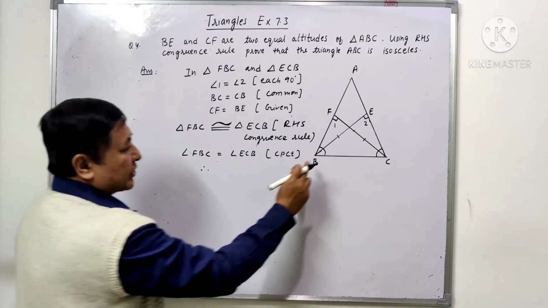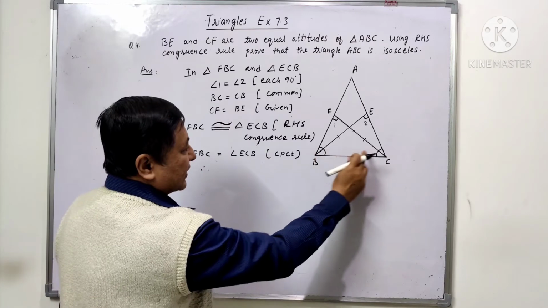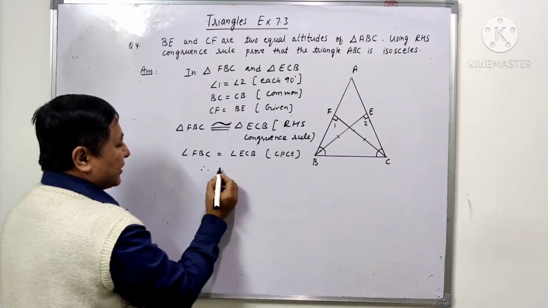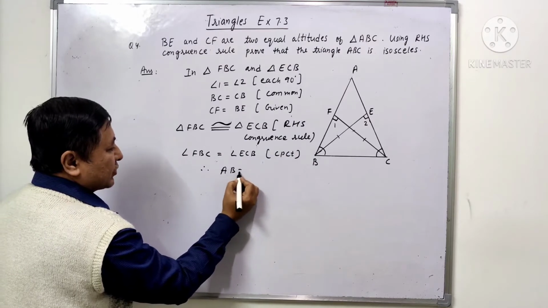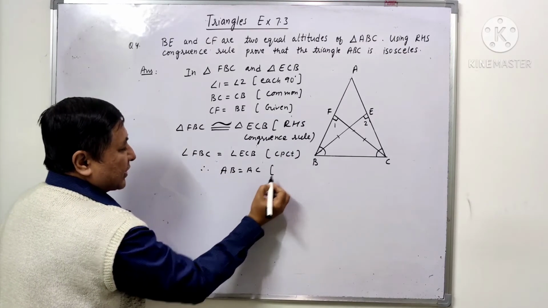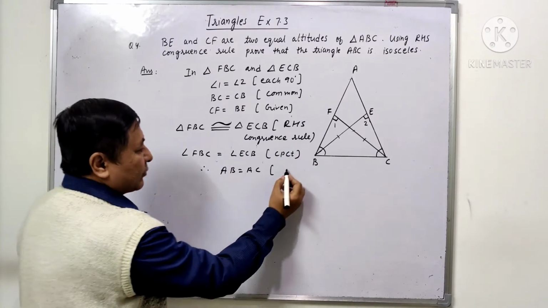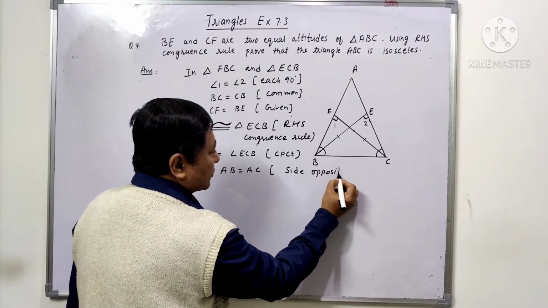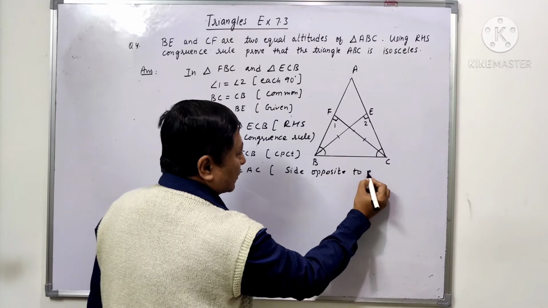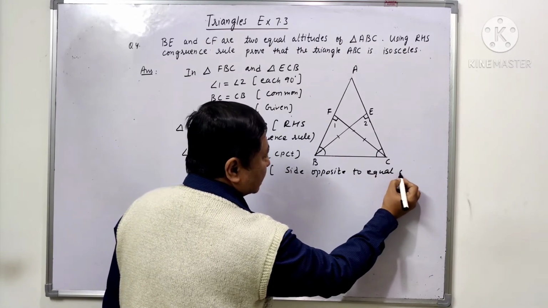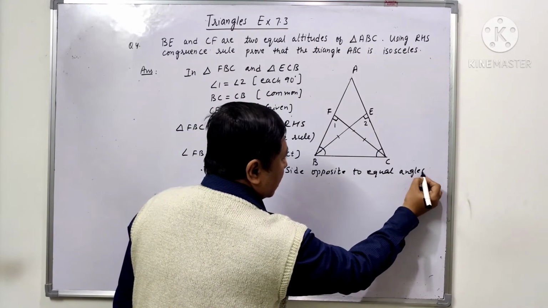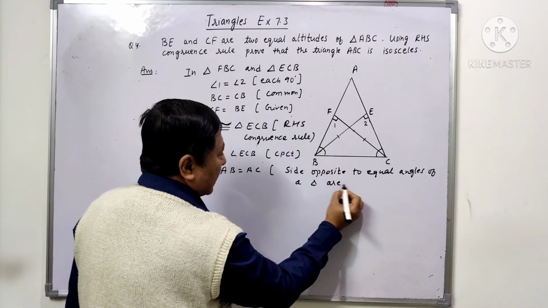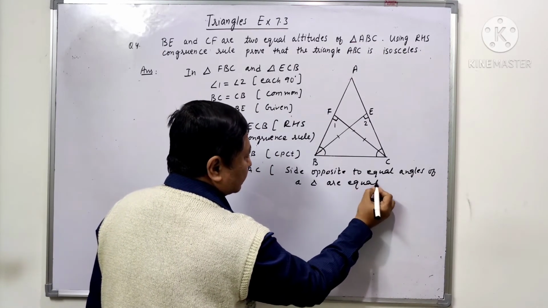Therefore, we can say that AB is equal to AC, and the reason is: sides opposite to equal angles of a triangle are equal.